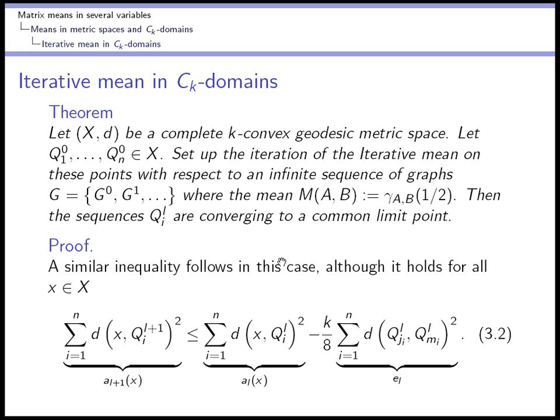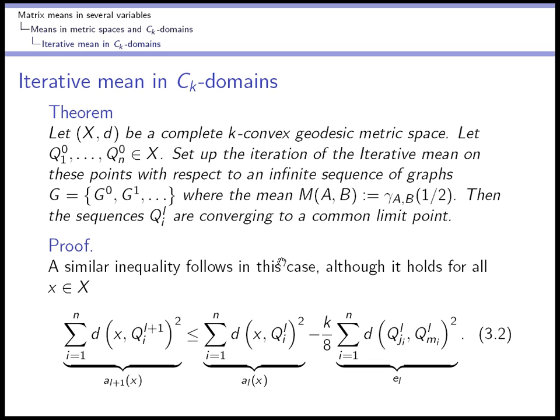Now, we go into the proof of this, and this will also make some clearance to the proof in the matrix mean case. First of all, we take these inequalities, the k-convexity inequalities. For instance, we have a graph, and we need to take the midpoints here.